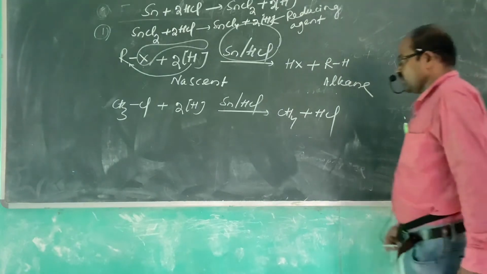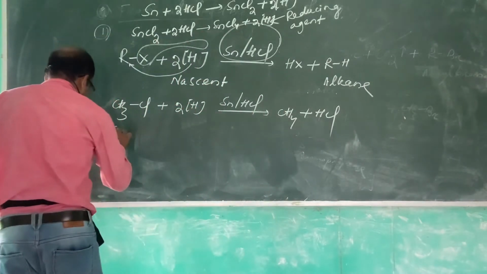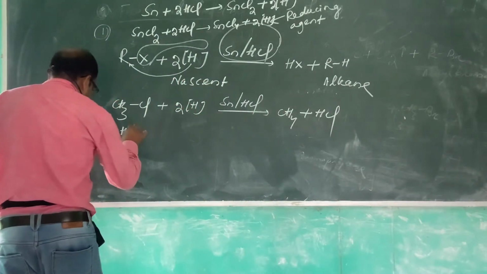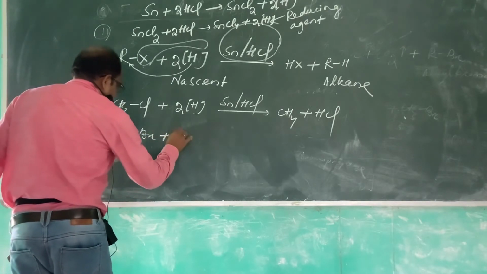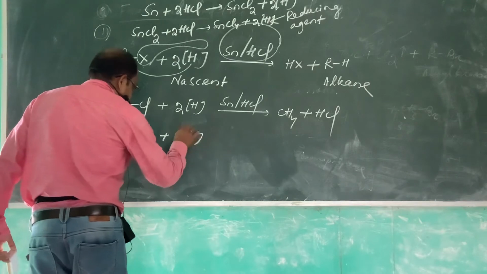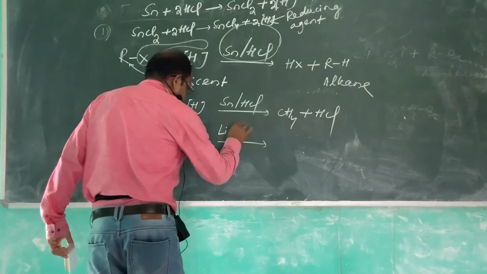Let us consider reduction of ethyl bromide. The formula of ethyl bromide is C2H5Br plus 2 nascent hydrogen in the presence of lithium aluminum hydride.